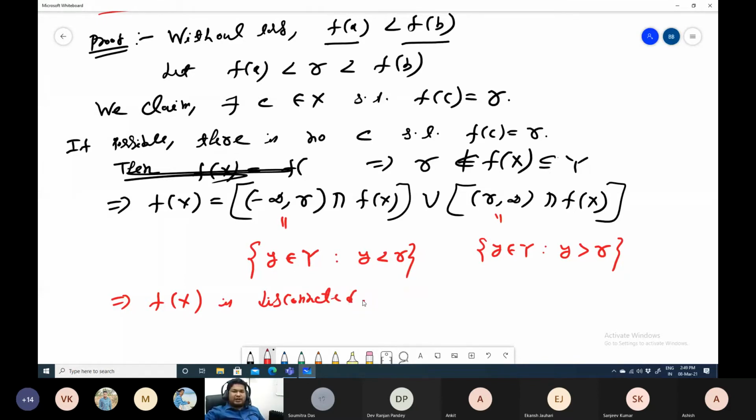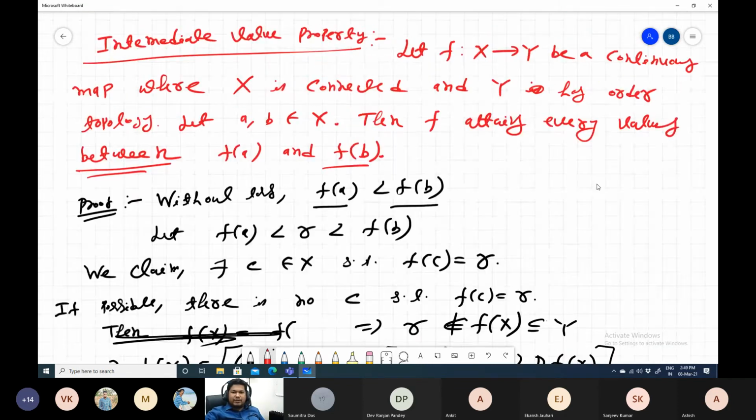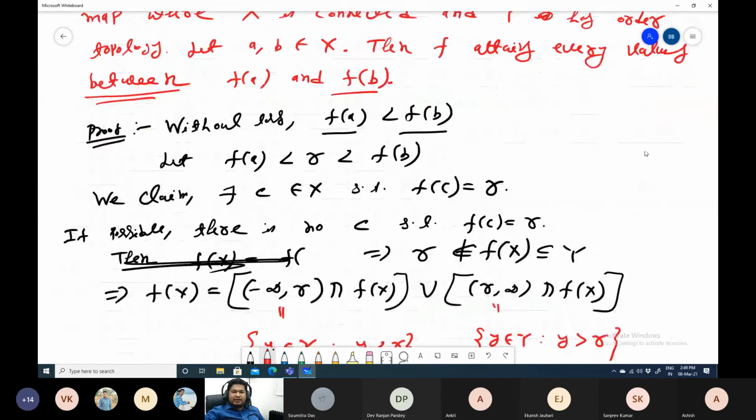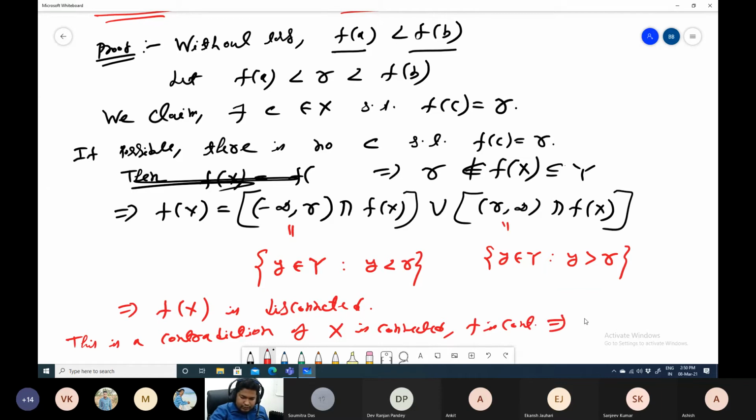Now this is a contradiction. Why? Because X is connected and f is a continuous map, so f(X) should be connected. A contradiction, as X is connected and f is continuous, so f(X) must be connected.